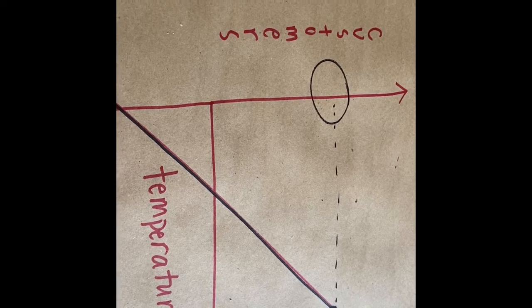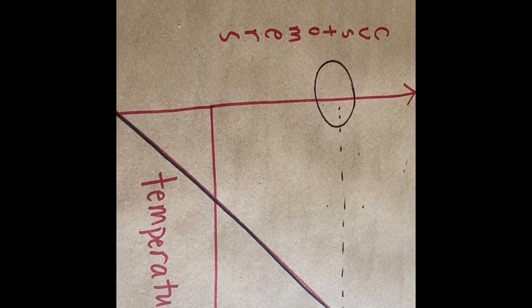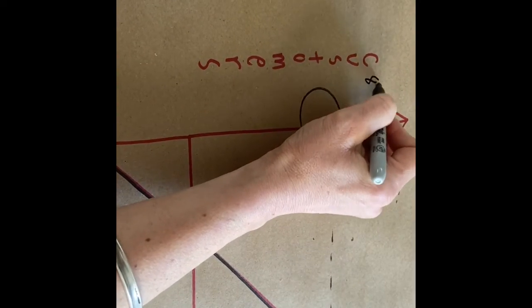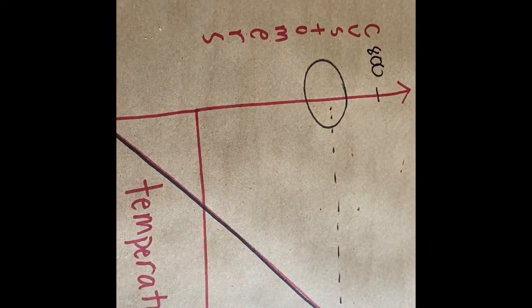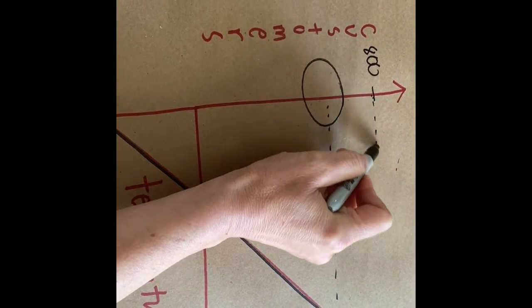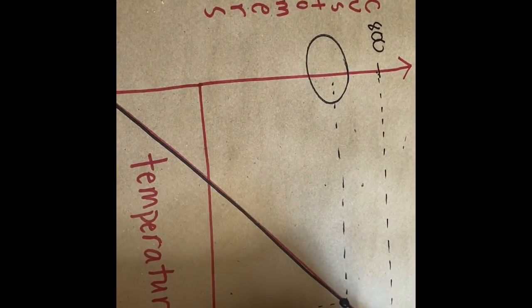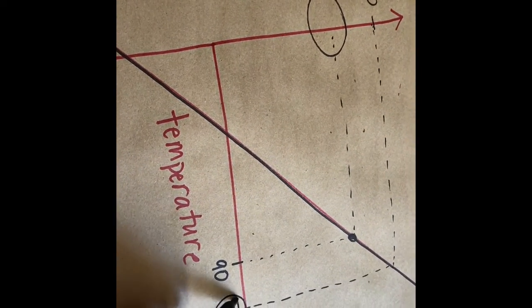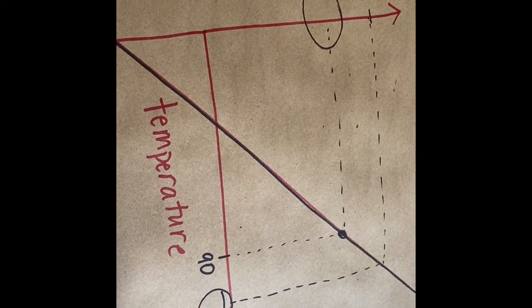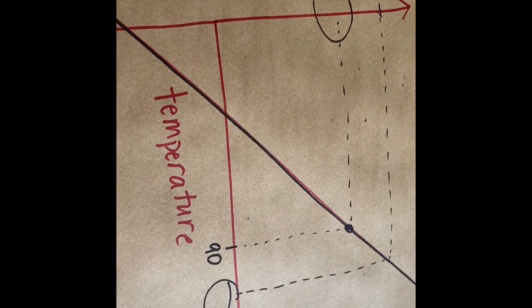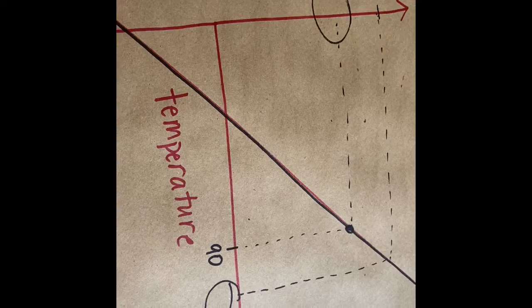If, on the other hand, you know how many customers, let's say you know that there were 800 customers, and you want to know what the temperature is, you're going to start at the 800 customers, go across to the line of best fit, go down, and whatever this number is right here, that would tell you the temperature. So we're going to try two questions like that, and I'm going to show you how I use Desmos and my graph on Desmos to make my predictions.